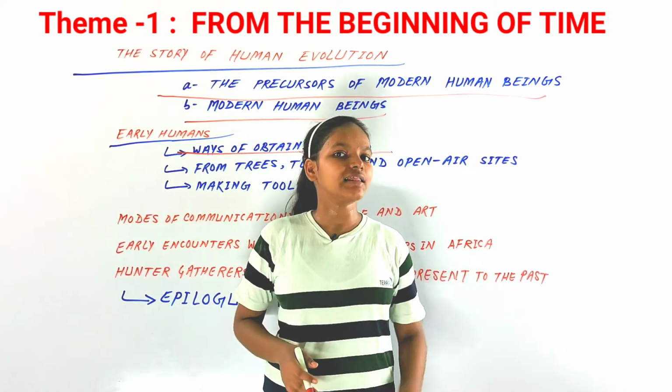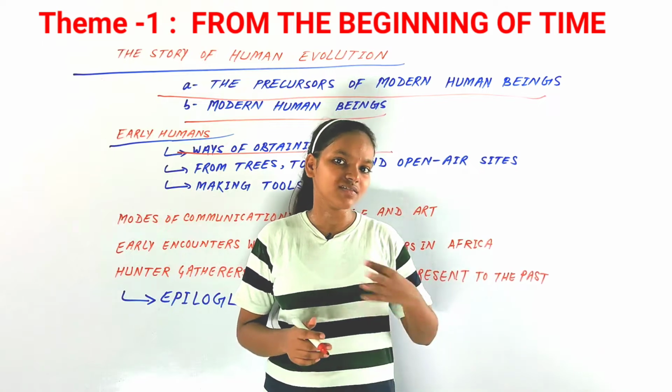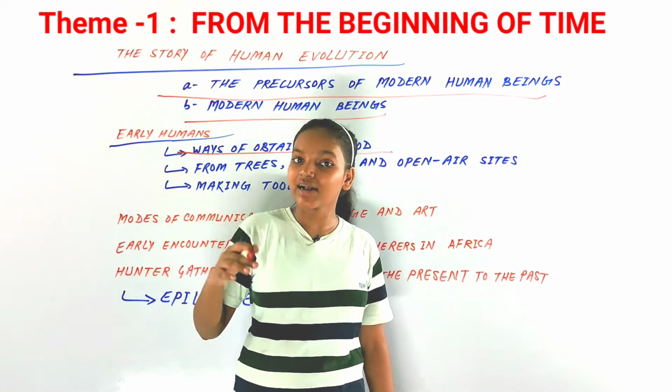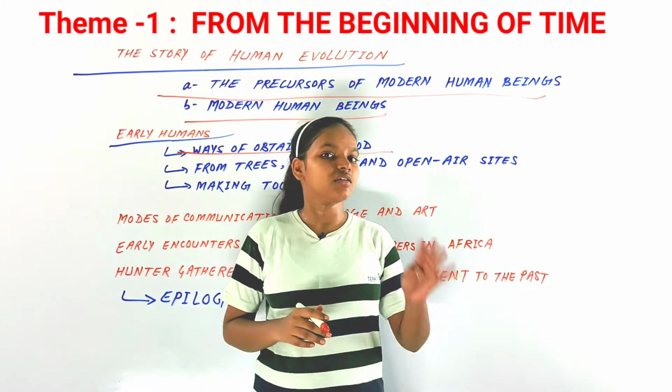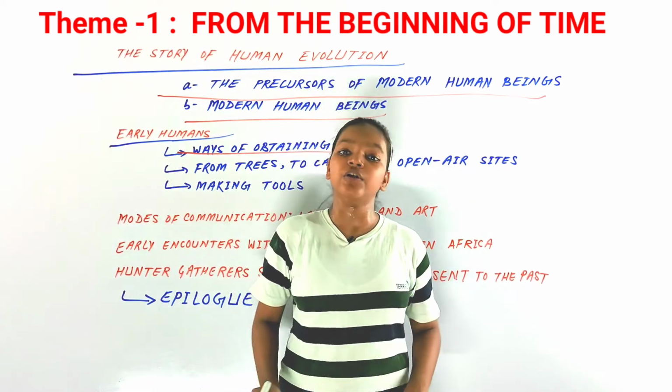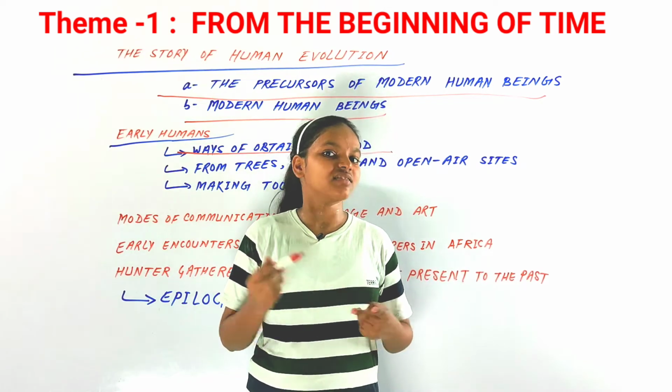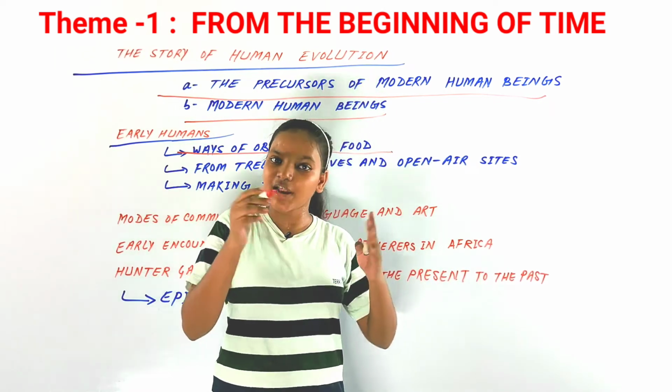There are many evidences from sites all over the world that show that early humans did practice these ways of obtaining food. Gathering would include fruits, nuts, berries, and other plant products.